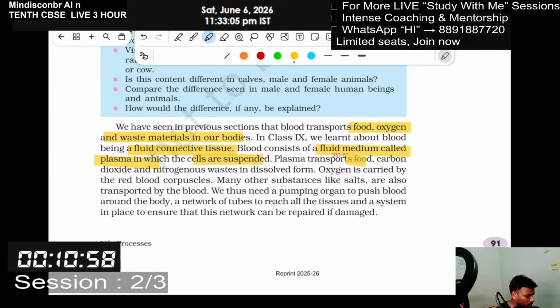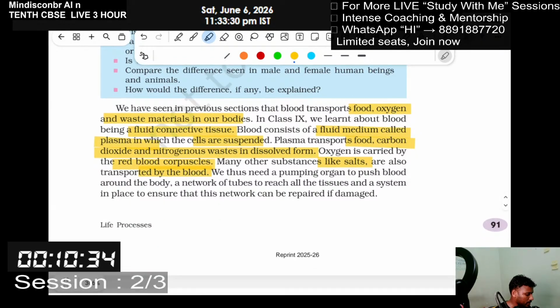Plasma transports food, carbon dioxide and nitrogenous wastes in dissolved form. Oxygen is carried by RBC. Many other substances like salts are also transported by blood. We thus need a pumping organ to push blood around the body, a network of tubes to reach all the tissues, and a system in place to ensure that this network can be repaired if damaged.